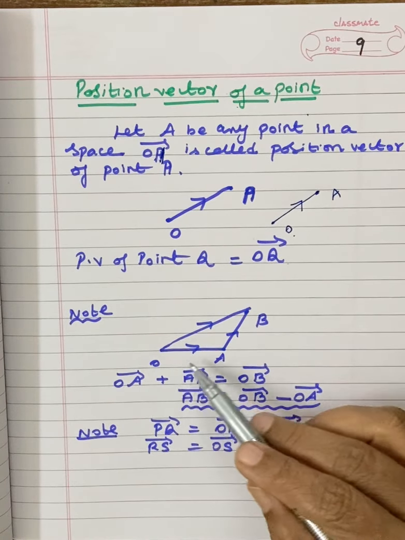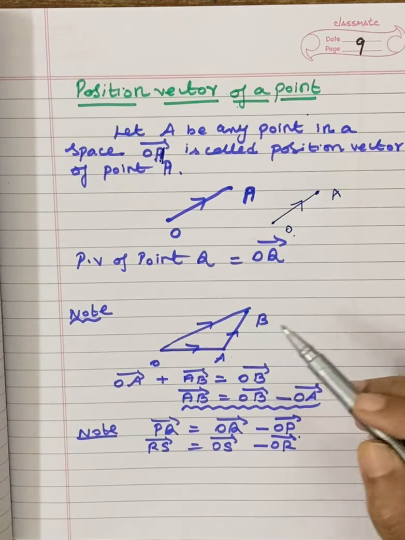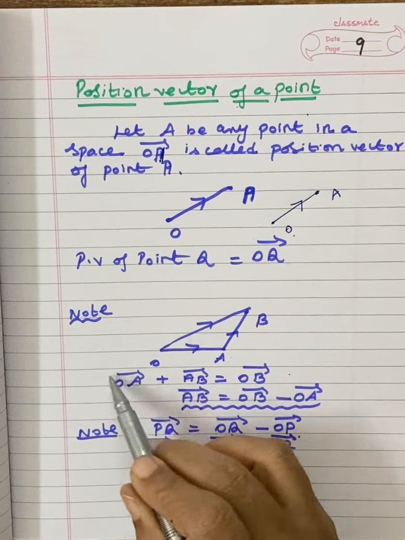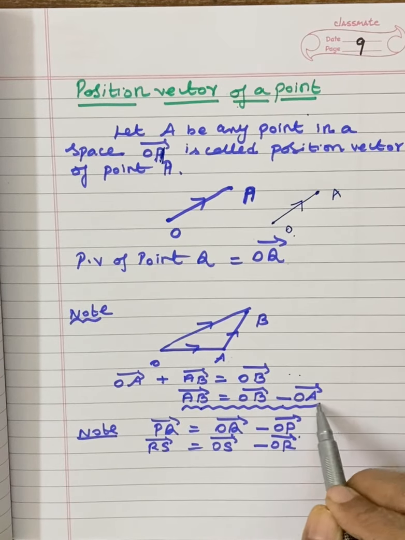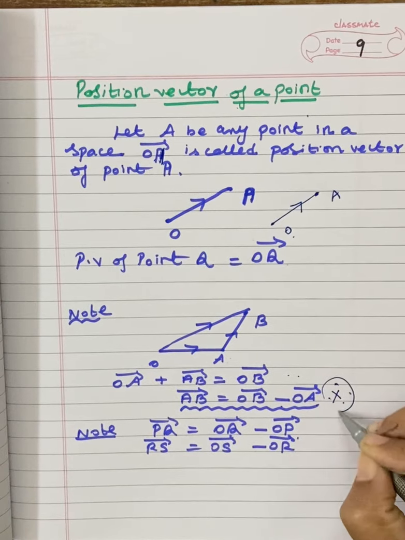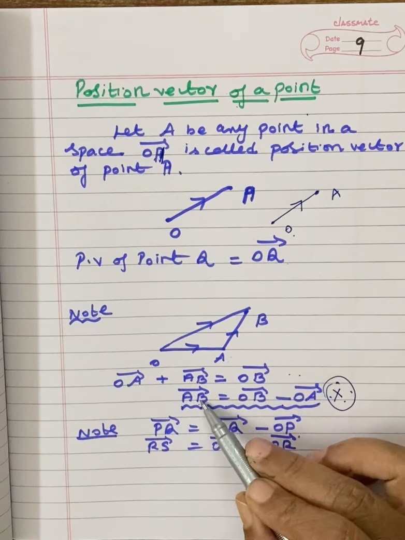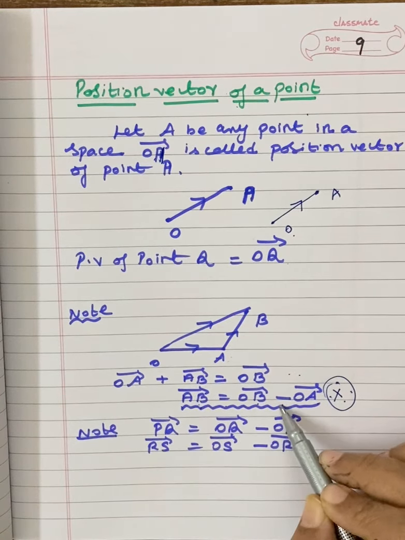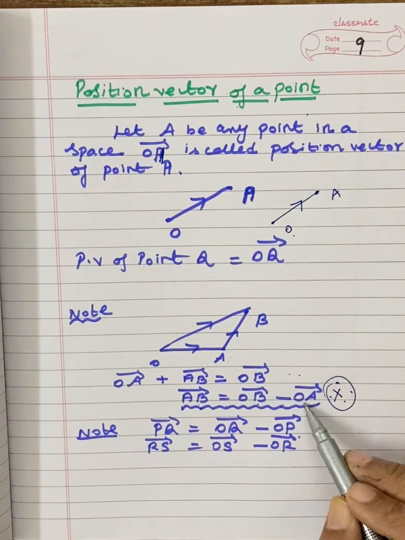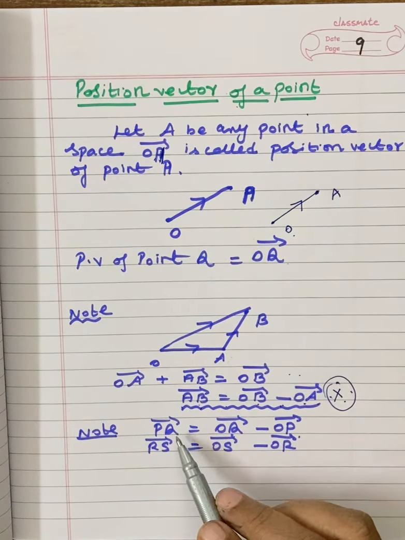Note, triangular law of addition: OA vector plus AB vector equal to OB vector, I know. OA vector I can take to that side, so minus OA vector. Very, very important for problem solving. So AB vector is equal to position vector of B minus position vector of A. Suppose for one or two examples we'll see. What is PQ vector?